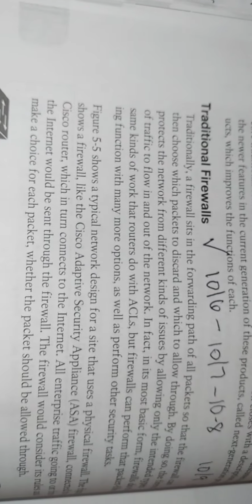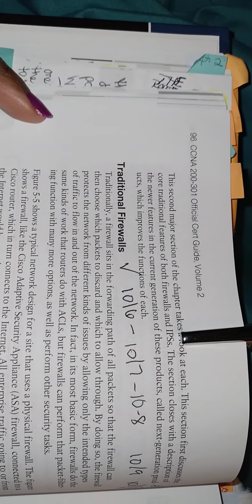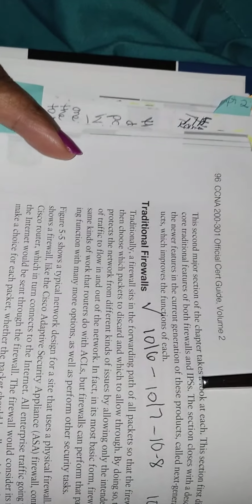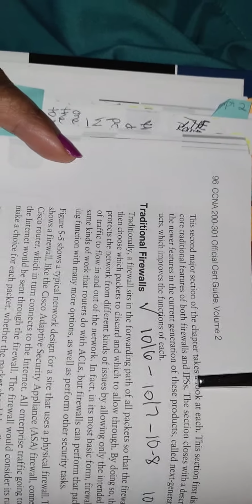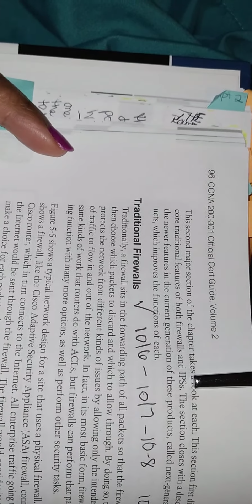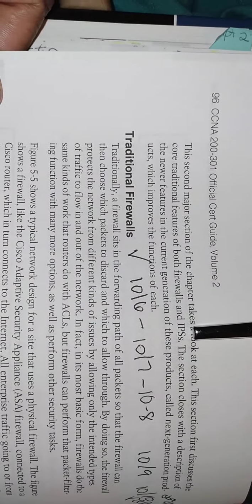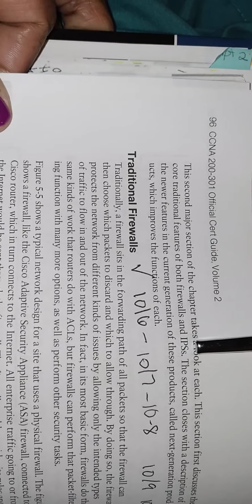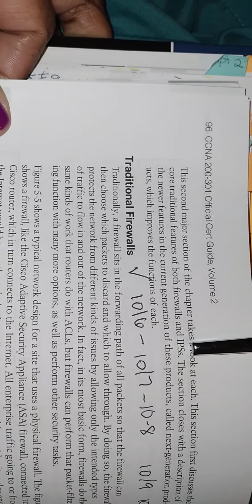So I will read. A firewall sits in the forwarding path of all packets so that the firewall can then choose which packets to discard and which to allow through. By doing so, the firewall protects the network from different kinds of issues by allowing only the intended types of traffic to flow in and out of the network.